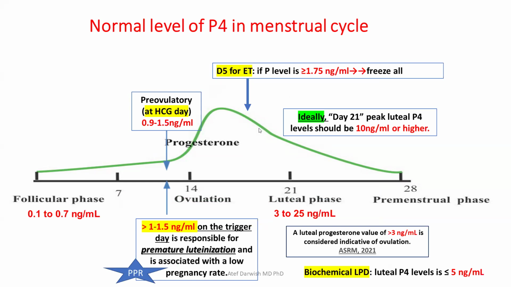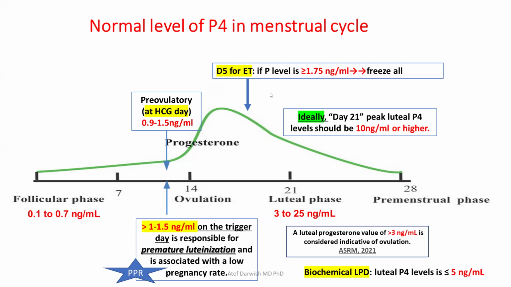If it rises more than 1.75 nanogram per milliliter pre-ovulatory, this is called premature progesterone rise, and this is an indication for cancellation and freeze-all cycles in IVF because it has a deleterious effect and decreases pregnancy rate. But in the luteal phase, the level of progesterone rises and reaches maybe 3 nanogram per milliliter, 5, 10 nanogram per milliliter, or more.